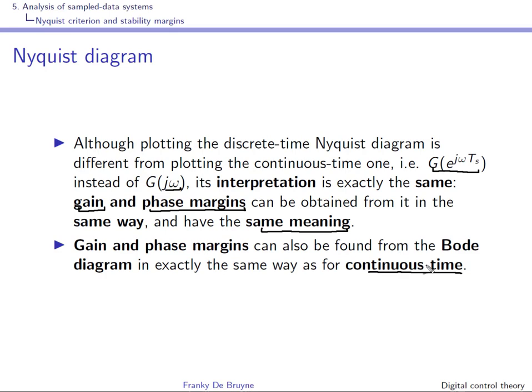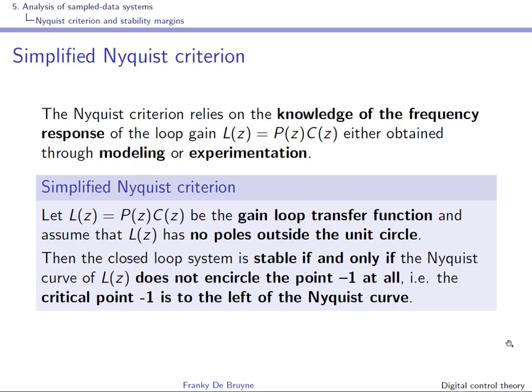to this course. We will now look at the simplified Nyquist criterion, and this Nyquist criterion relies on the knowledge of the frequency response of the loop gain P times C that you can obtain either through modeling or experimentation. In this simplified Nyquist criterion, we assume that the loop gain has no poles outside the unit circle.